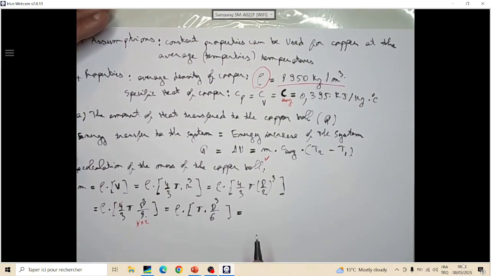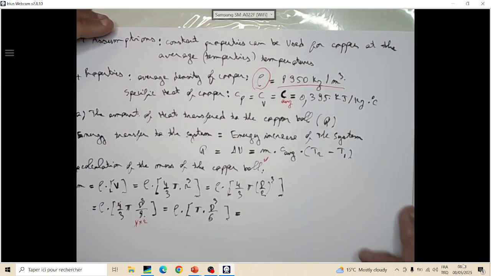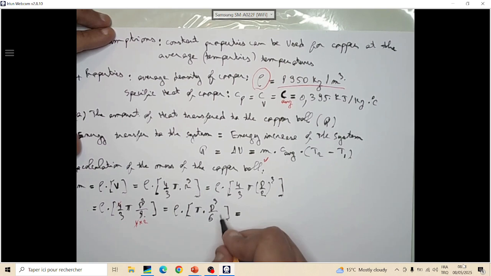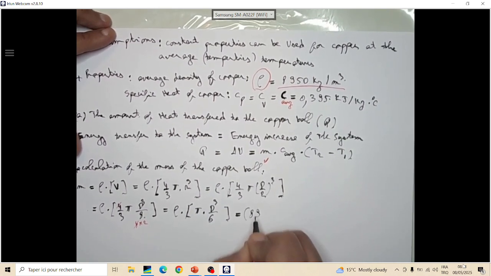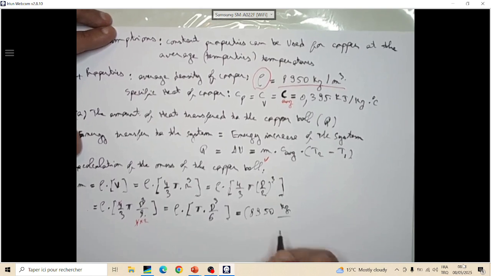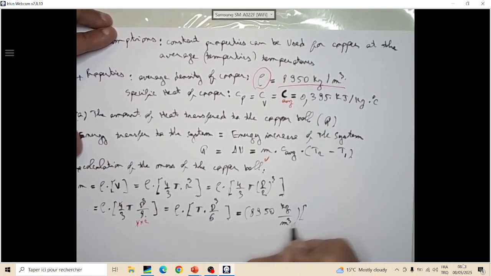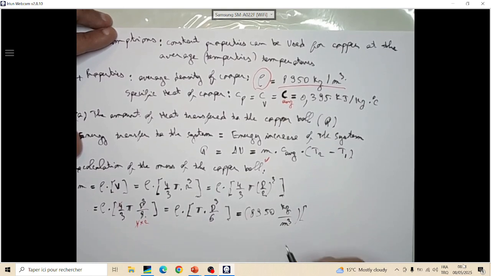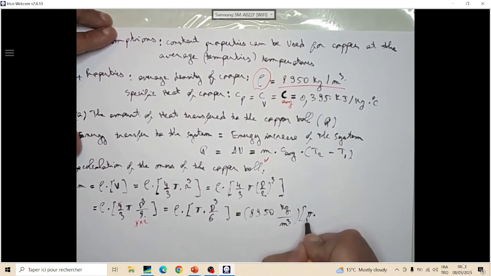So this will give me the value of 8,950 kilogram over cubic meters times pi times the diameter.